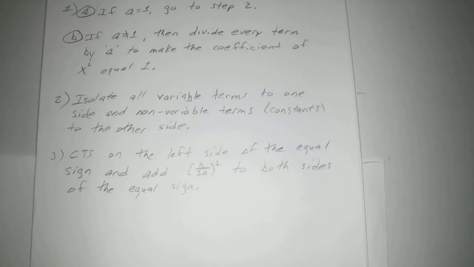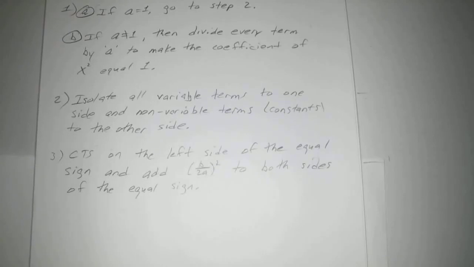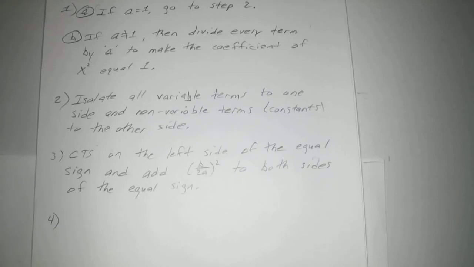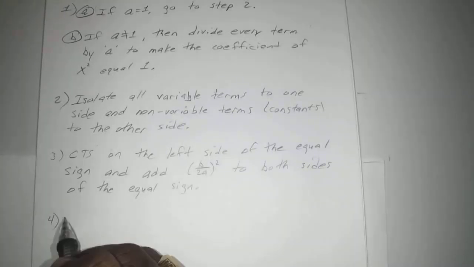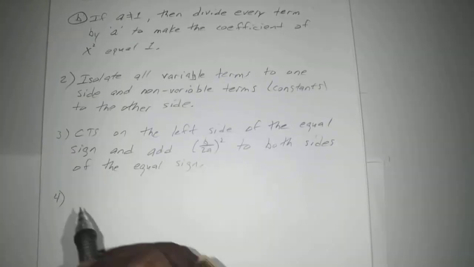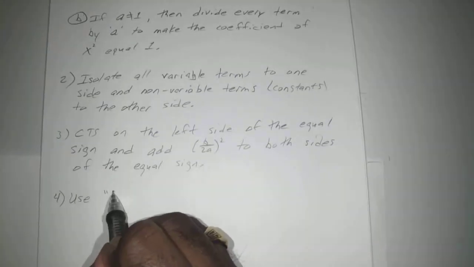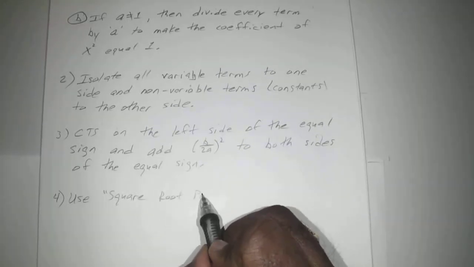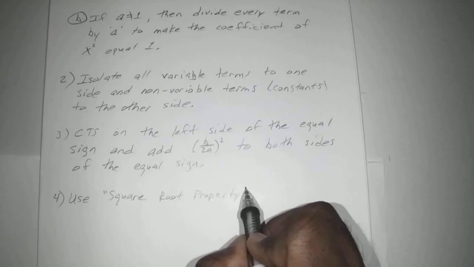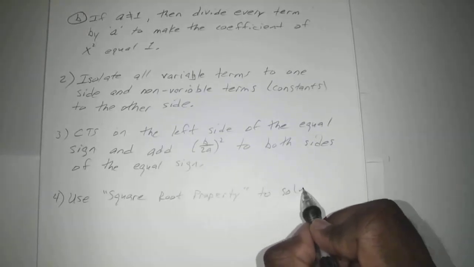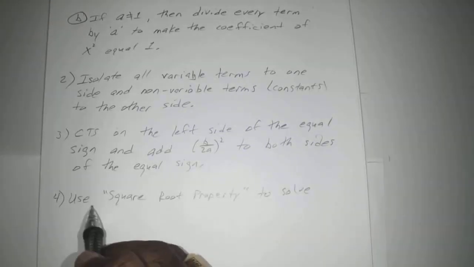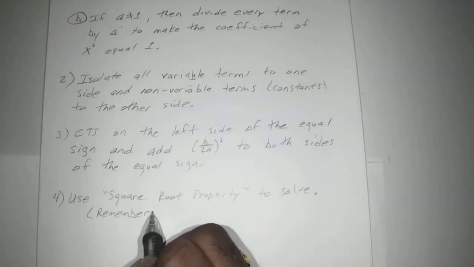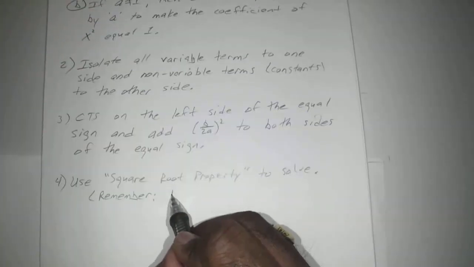Now this step here should give you a perfect square trinomial. And your fourth step is now you're going to use the square root property to solve for your variable. And one thing you don't want to forget, which is really easy to forget, is your plus or minus sign.